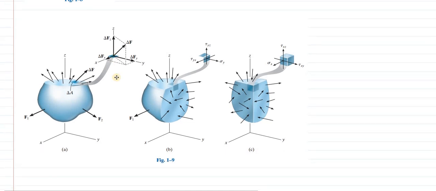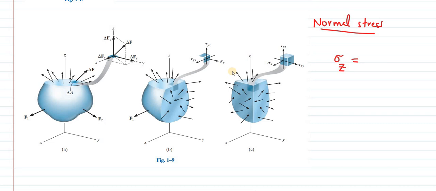So now we're going to define stress. So normal stress, you see, the normal stress sigma z. We are calling it sigma z because it is along the z-axis.